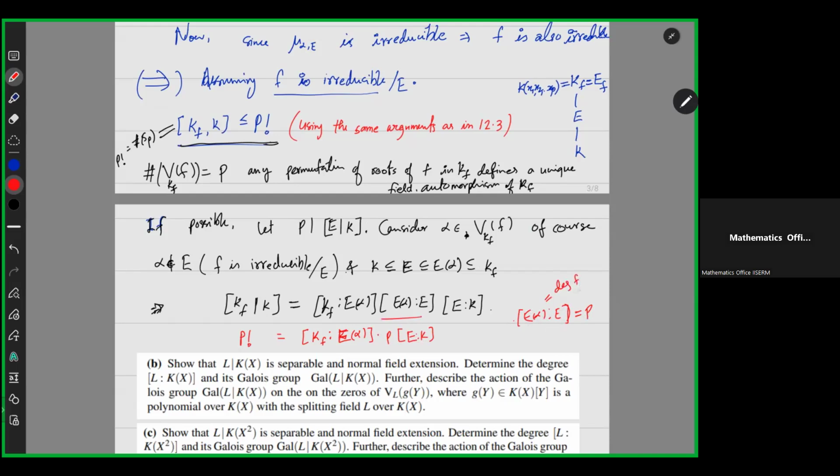F is irreducible and f is the minimal polynomial for alpha, right? And this is equal to p. That is why.